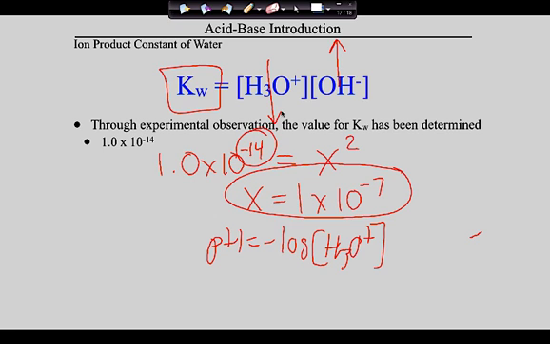So guys, it turns out that if we adjust one of these by adding an acid or a base, as one goes up, the other goes down to maintain the value of Kw, to maintain the equilibrium. So it turns out that when this reaches a minimum somewhere around 0, this would reach a maximum around 14.